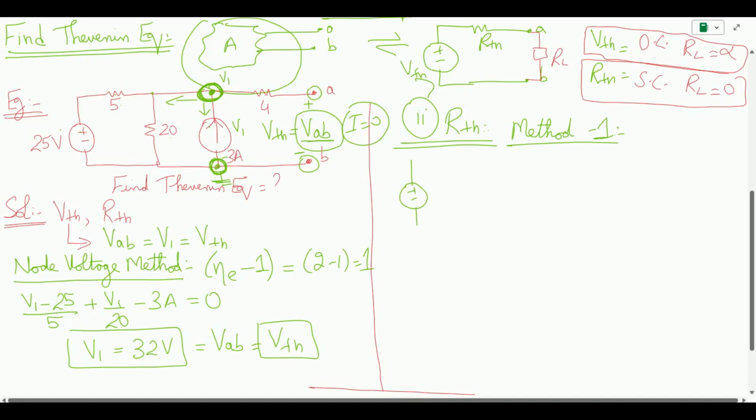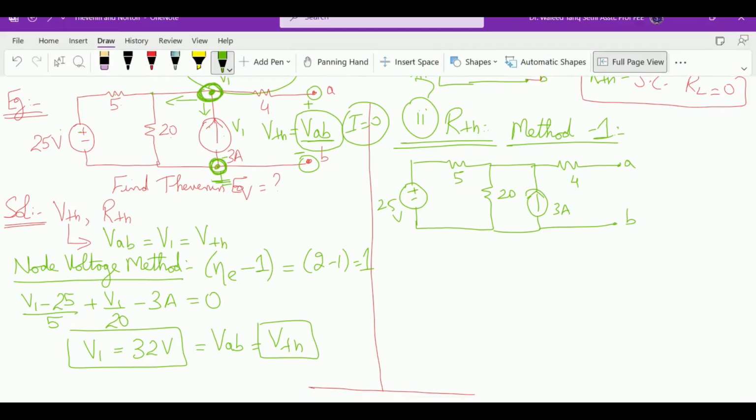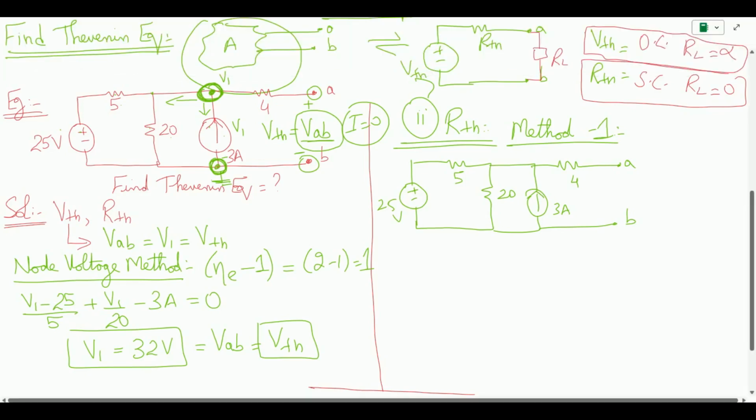This is the voltage source, 5 ohm, 20 ohm, the current source, then we have 4 ohm, and then the terminals A and B. This is 3 amps, this is 4 ohm, this is 20 ohm, this is 5 ohm, and this is 24 volts.